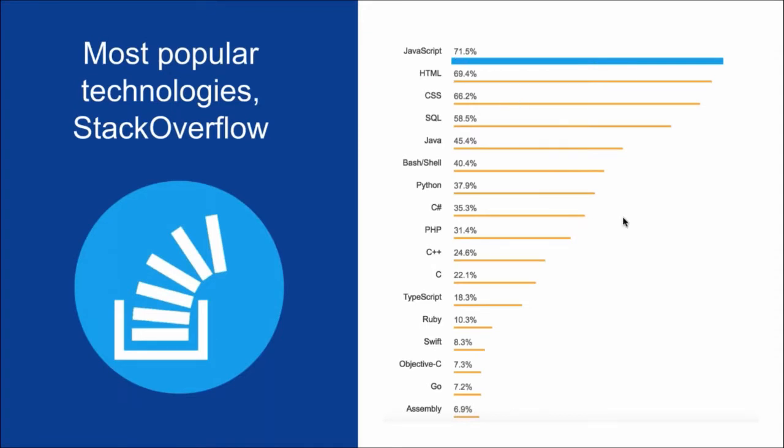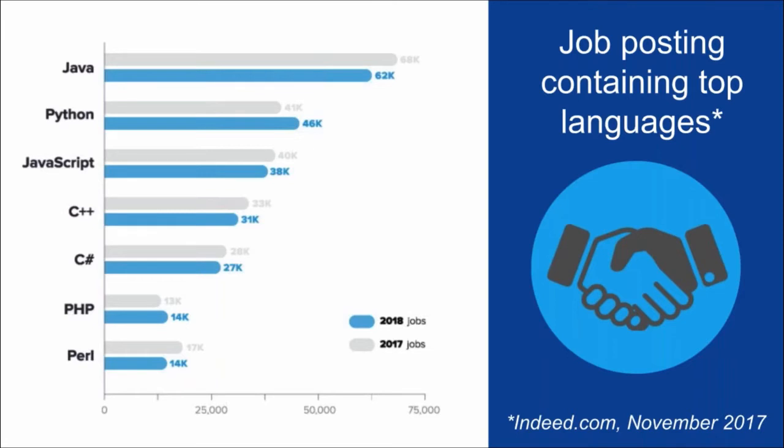Besides that, according to data gathered by Indeed.com, it remains in the top 3, one of the most popular languages for job postings, and also one of the most sought after languages from the employees' point of view.